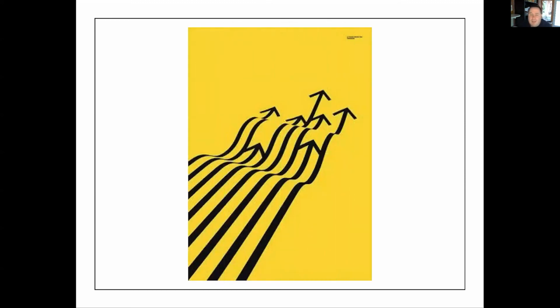Or here we have a series of arrows that are going over hills. Even though, again, they are just black lines drawn on a yellow sheet of paper, it still gives you that idea that you're looking through a window into a yellow world that shows the lines going over the hills.